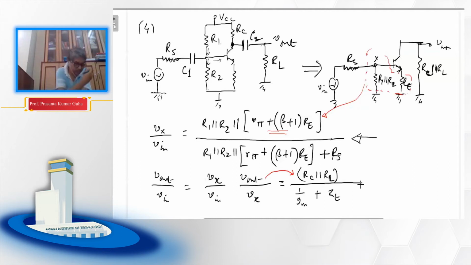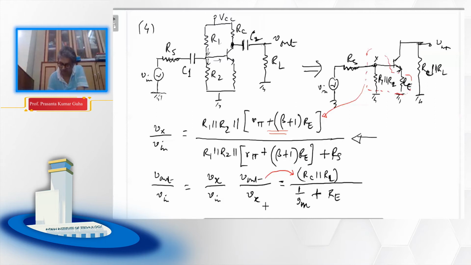You remember, the numerator is the resistance connected to the collector, divided by the resistance connected to the emitter, that is Re, plus the input resistance you see from there, that is 1 by Gm when there is no Re.